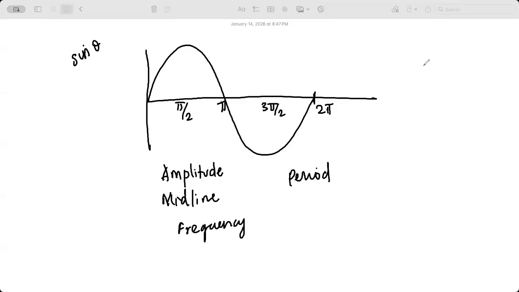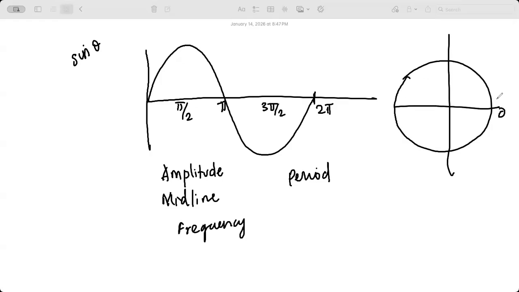Now, from the unit circle, remember it started at 0, then pi by 2, pi, 3 pi by 2, 2 pi, and 2 pi was the end. So we started at 0 and it kept increasing. At pi by 2 it reached its maximum for the sine graph.